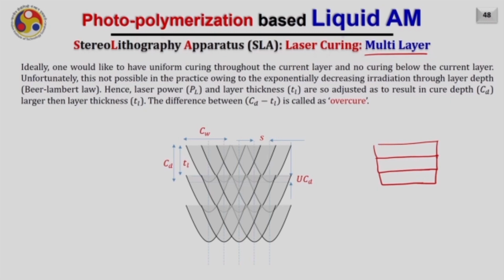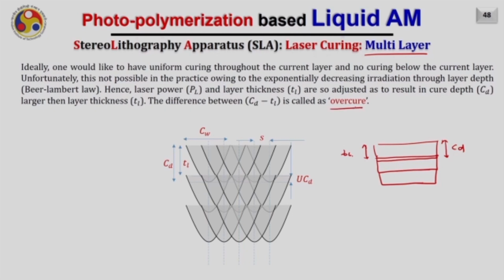Hence the laser power PL and layer thickness TL are so adjusted to result in a curing depth CD larger than the layer thickness TL.